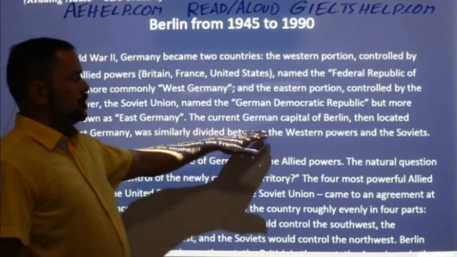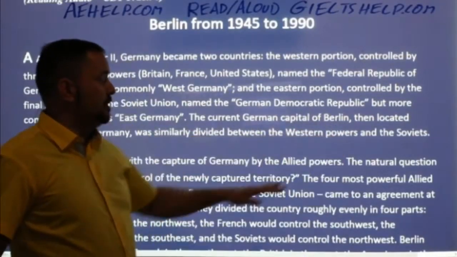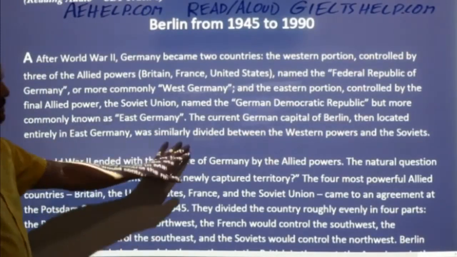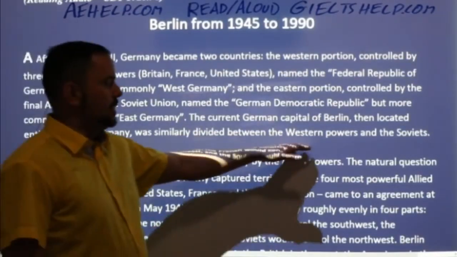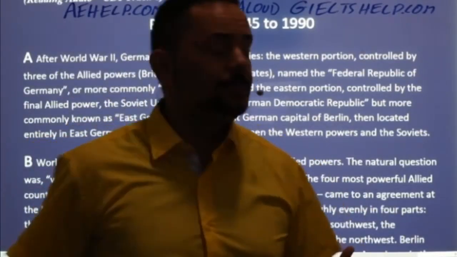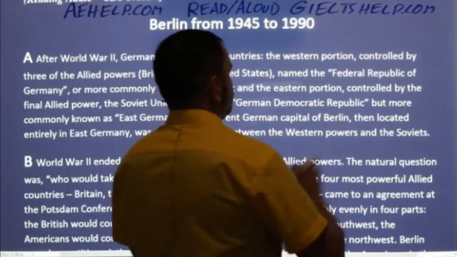The current German capital of Berlin, then located entirely in East Germany, was similarly divided between the Western powers and the Soviets.